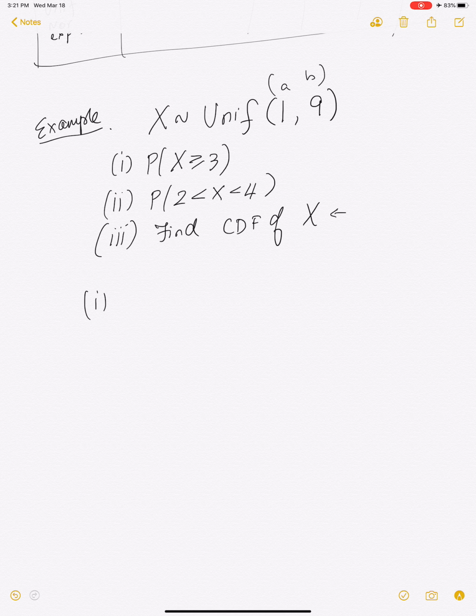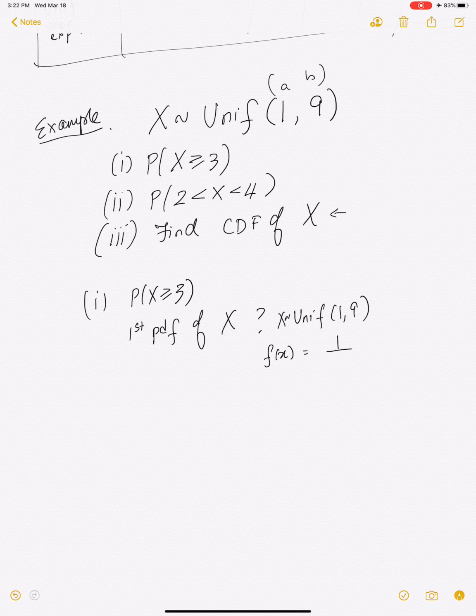What is the probability of x bigger than or equal to 3? Well, first let's look at what is the PDF of the random variable x. Well, x is uniform on the interval 1 to 9. So the density is 1 over (9 minus 1) on the interval 1 to 9 and 0 otherwise.